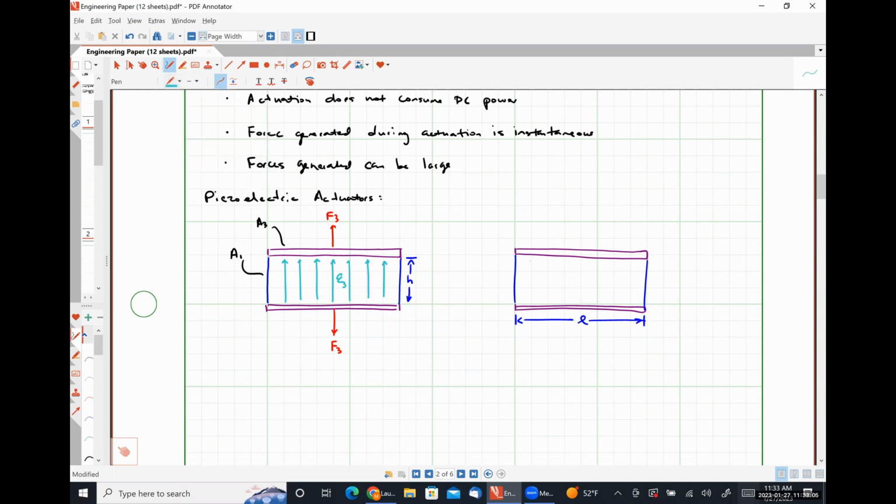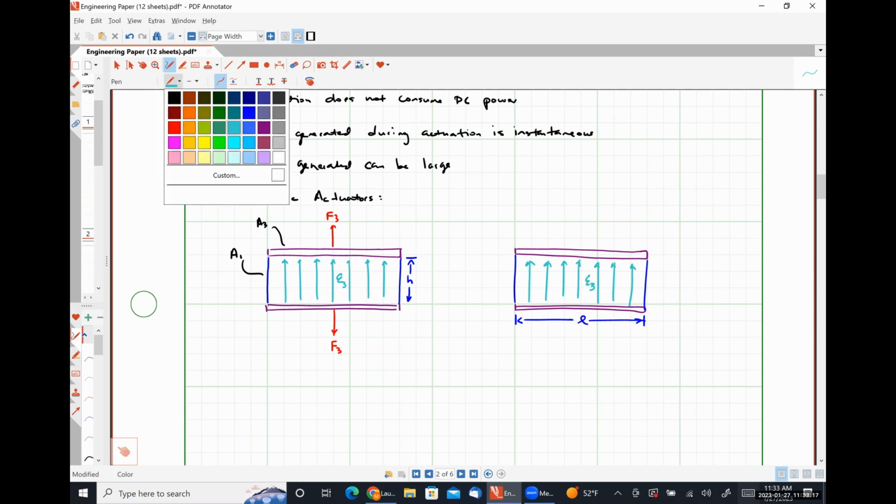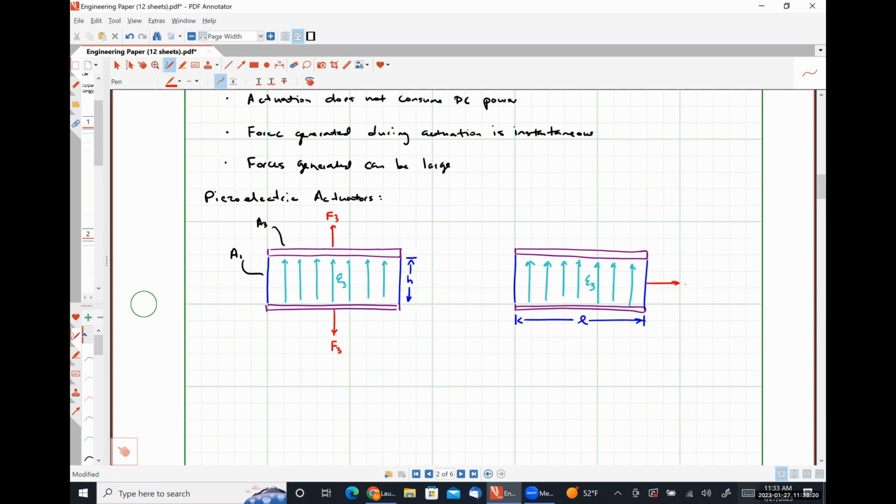Our field will still be applied between our 2 electrodes, like so, but our forces will be generated in the 1 direction. This is still A3, this is still A1. All right, so let's look at longitudinal actuation first.